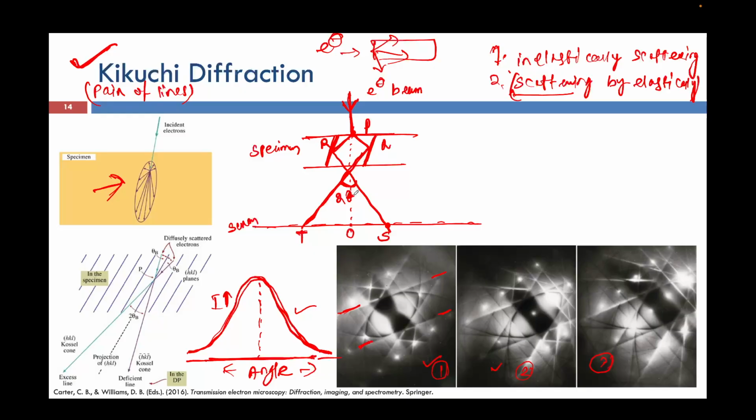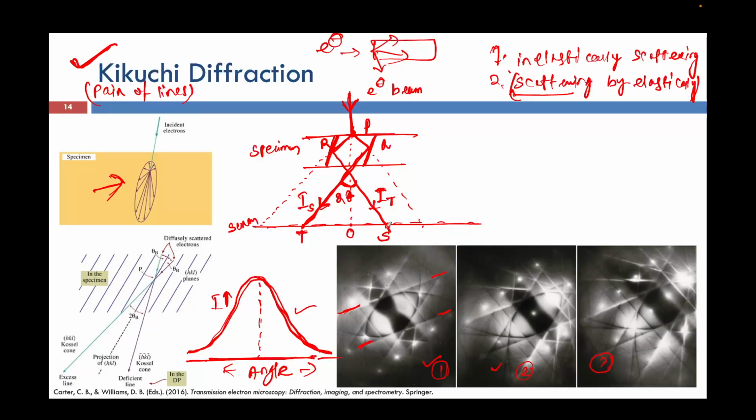Now this beam which is coming and falling onto point T, ideally this beam was supposed to come in this direction after inelastic scattering. Similarly this beam was supposed to come and fall in this direction. I am naming this beam IS and this beam IT. The intensity of this beam is IT and the intensity of this beam is IS.